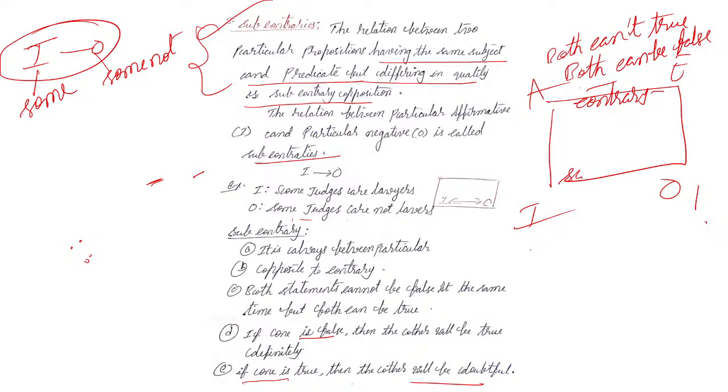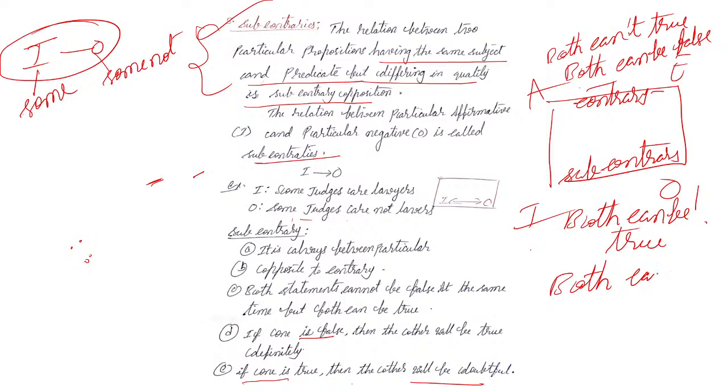Whereas in subcontrary, both can be true, but both cannot be false. In contraries, if one is true, the other one will be definitely false, whereas if one is false, the other is doubtful; we cannot say whether it is true or false.